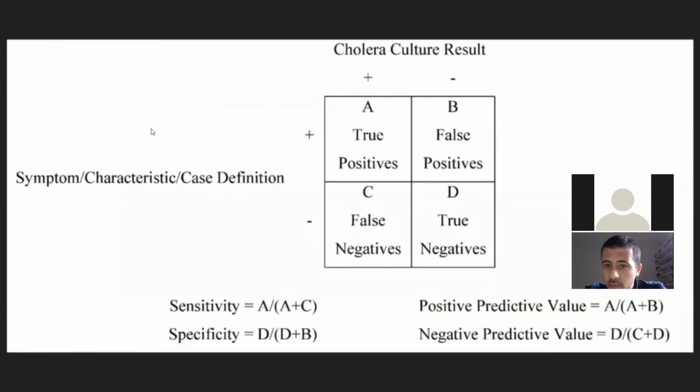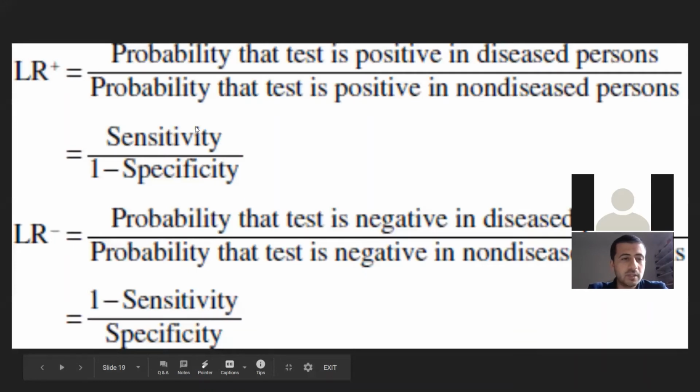On the probability of false positive, of having the test positive in a non-diseased person, B on B and D. And B on B and D is equal to 1 minus specificity, because specificity is D on B and D. So I put that, and this is the way to calculate it. But understand it as positive in a diseased person on positive in a not diseased person.